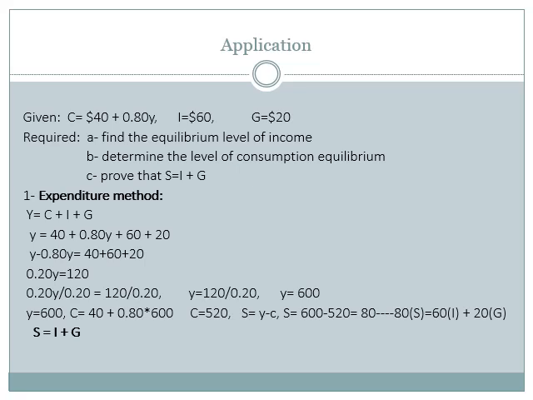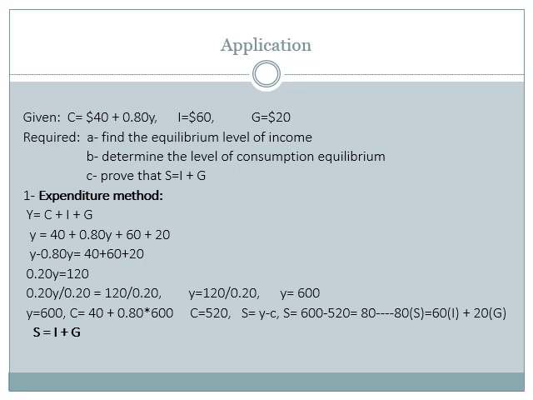Now prove that S equals I plus G. Remember that question. S equals I plus G, not S equals I. S equals I plus G. المفروض الادخار يساوي الاستثمار زائد الانفاق الحكومي، او الانفاق الاستثماري زائد الانفاق الحكومي.